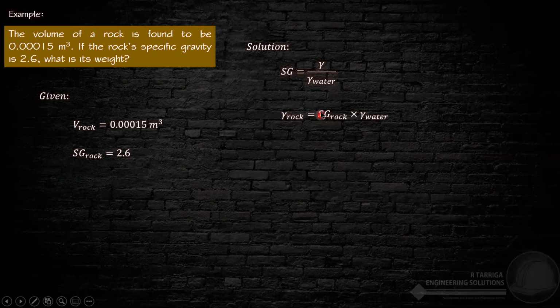By using this relationship, that will give us 2.6, unitless because that is specific gravity, times 9.81, that will give you 25.506. Okay, so we're not done yet. We will get the weight. Remember that the unit weight is equal to the weight over the volume, and we have the volume already.